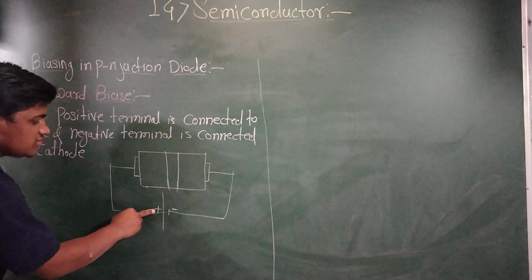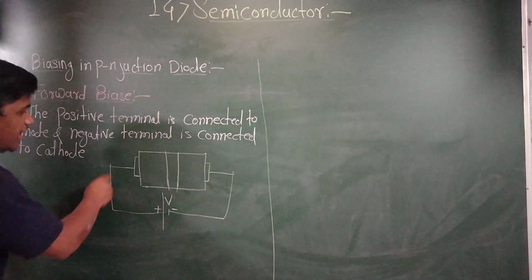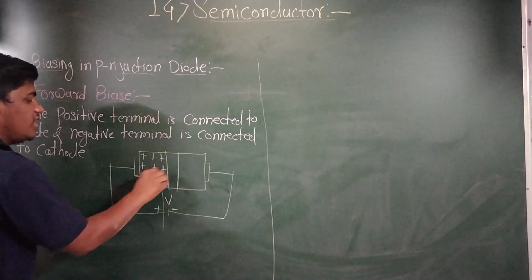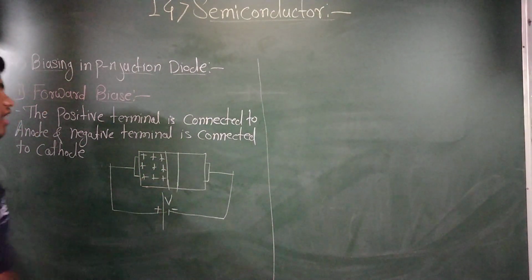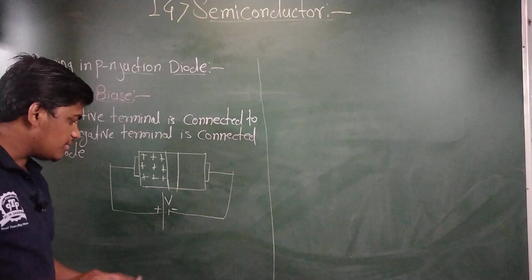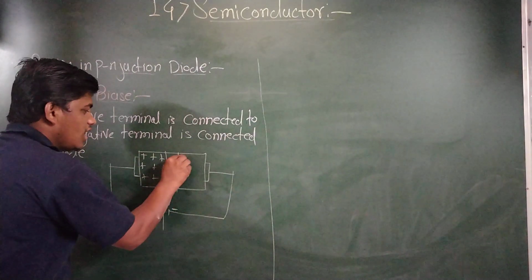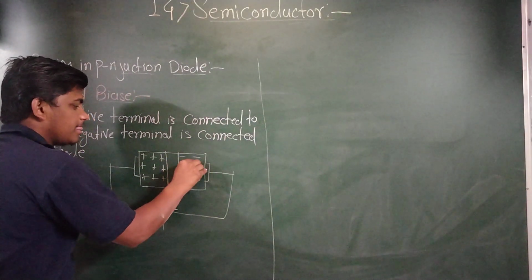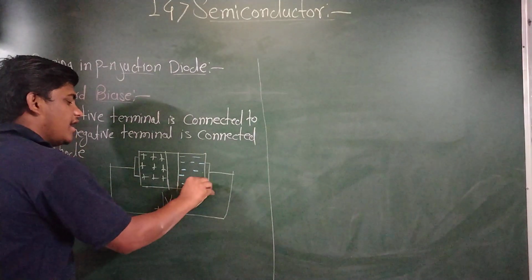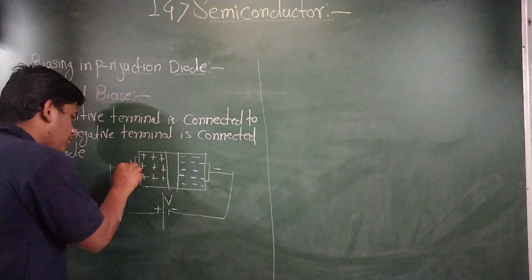The positive terminal of the external voltage is connected to the anode, the P side, which has a lot of holes. Then the negative terminal of the external voltage is connected to the cathode of the PN junction diode.